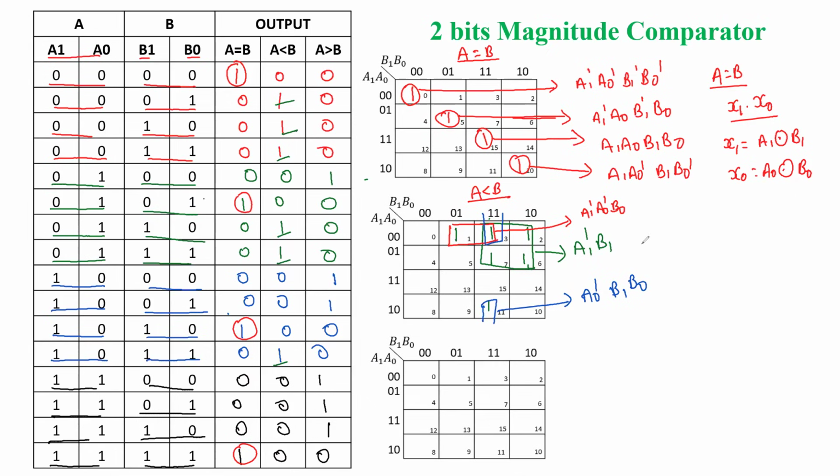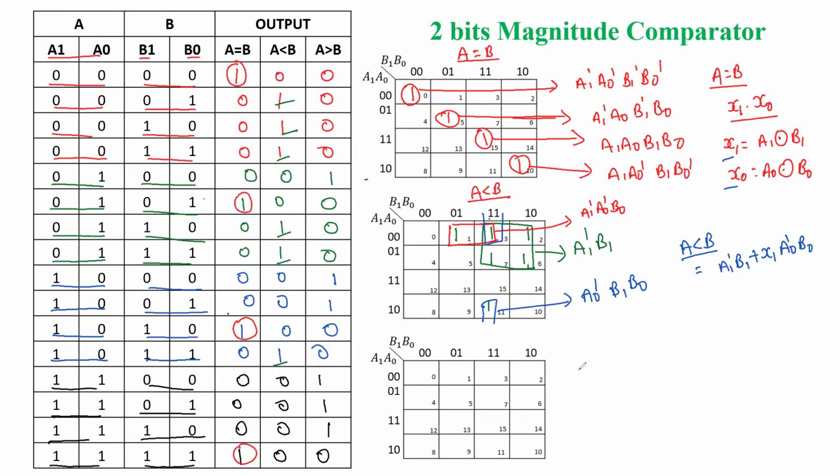So finally, if you try to simplify this, then we'll get A less than B equal to A1 dash B1 plus X1 A0 dash B0 dash. This is the expression for A less than B, where X1, X0 are what we have written here.